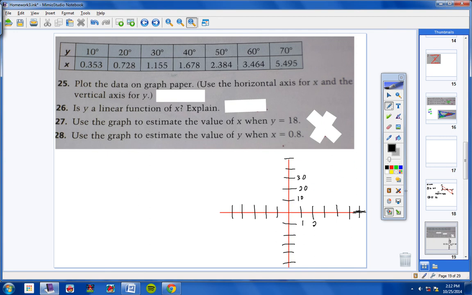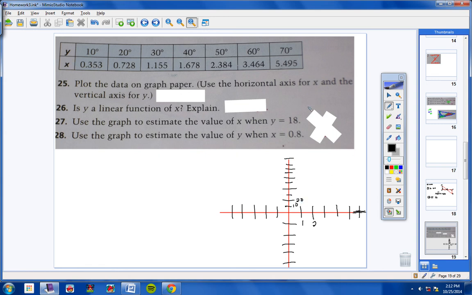So, let's go 10, 20, 30, 40, 50, 60, 70, 80, 90. So put them a little closer together. So 10, 20. Okay, here we go.